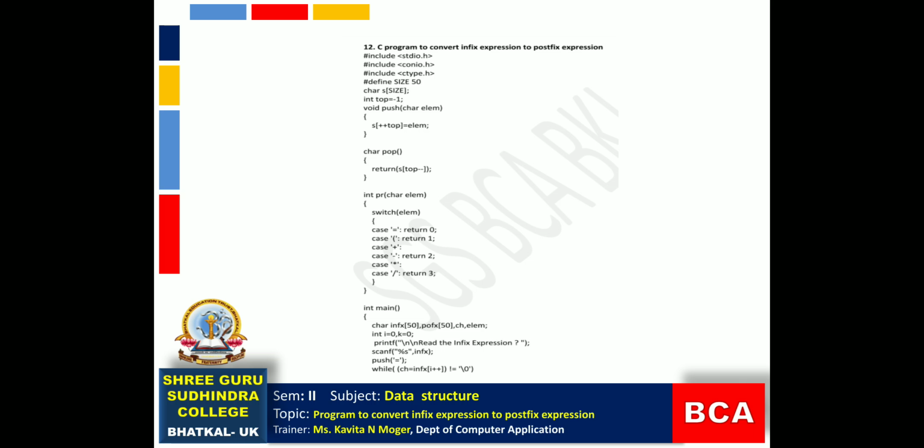I have used a switch case, which takes the element as input. It has many cases. Case equal returns 0, so equal will be sent to the output first, whatever the case may be. The next case is open bracket, which returns 1.